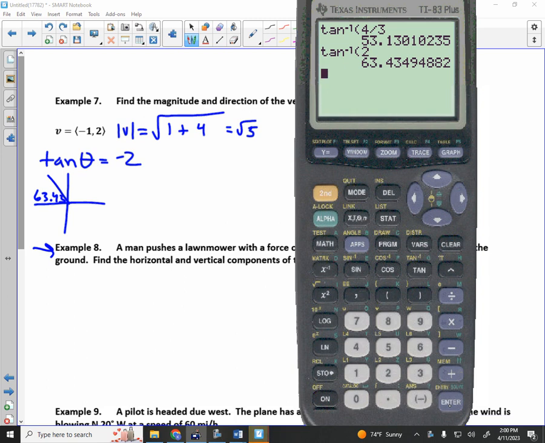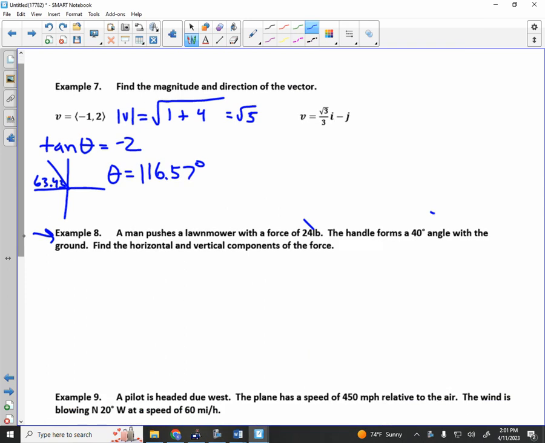That is not your final answer. You're going to subtract it from 180, so theta is equal to 116.57 degrees. Again, people write the answer as 63. 63 is not the answer. You are working in the second quadrant, as plain C.